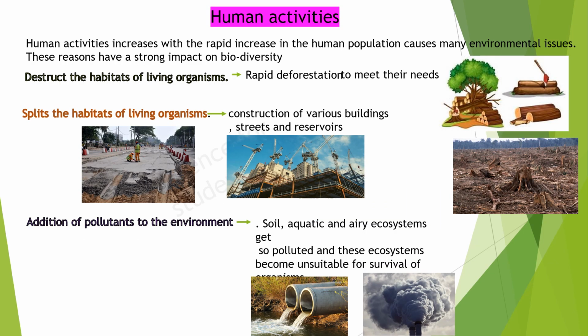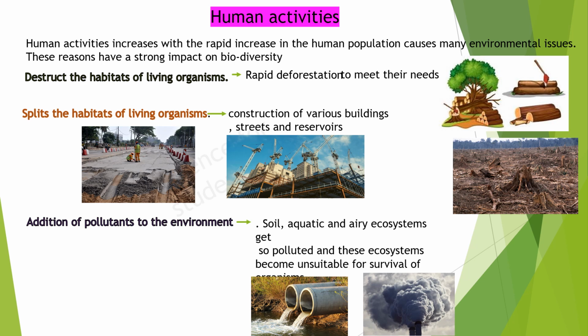Human activities. Human activities increase with the rapid increase in the human population and cause many environmental issues. These have a strong impact on biodiversity. The first one is disrupting the habitats of living organisms.